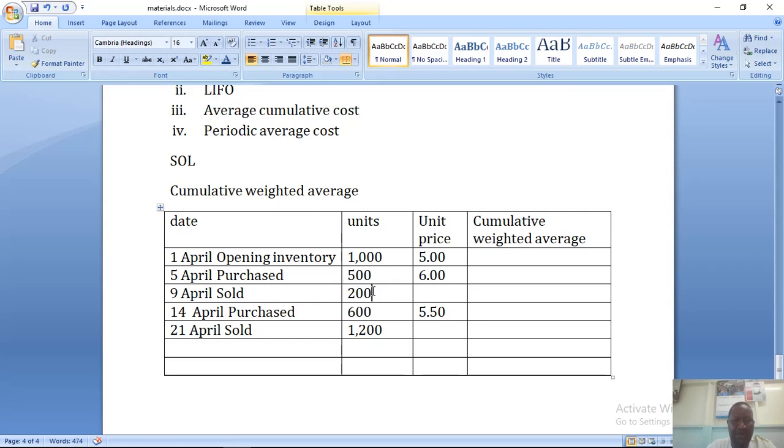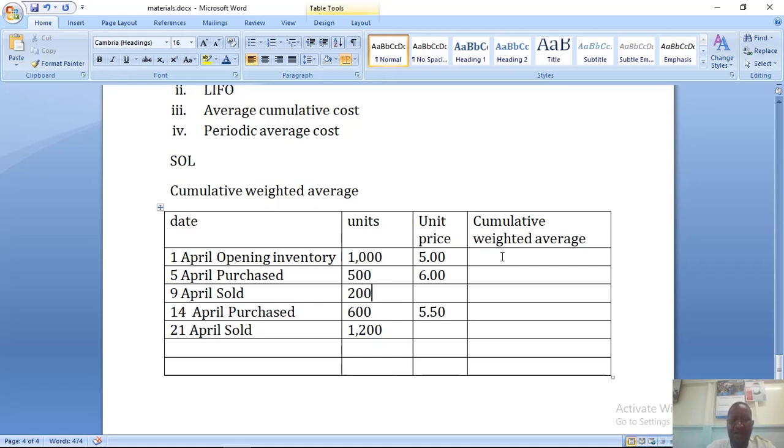The average cost at every stage you add new inventory to stock. How do we calculate the average cost? The average cost is equal to the total cost divided by the number of units. Total cost, or total value of inventory, divided by the number of units of that inventory.